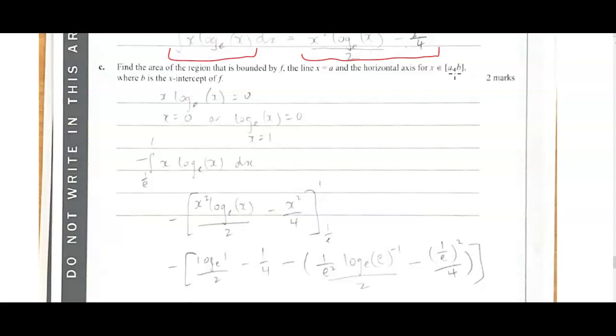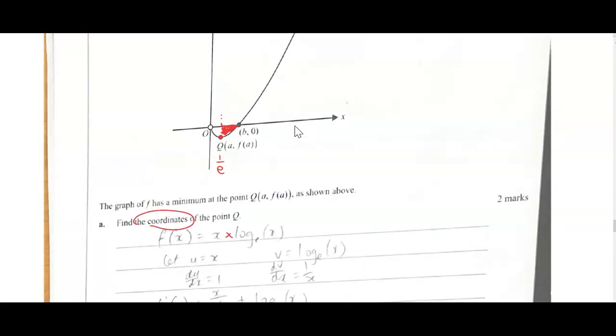Okay, x is between A and B. All right, so I found A before, which is 1 on E, and B, this is what I'm doing here. Because B is an x-intercept, basically we're letting it equal 0. So we get two solutions, x equals 0 and x equals 1. Now, if I go back up here, there's the first one, and then there's 1. So B is 1. All right, so we're finding the area in there.